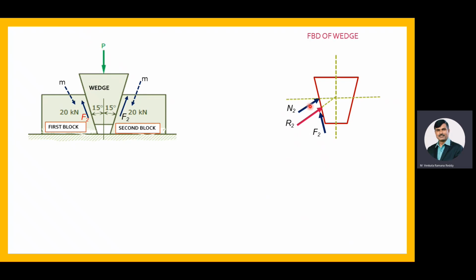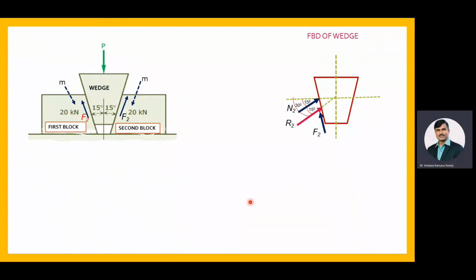This is the wedge inclination, and the angle of friction is in between N2 as well as R2, which is equal to 15 degrees. The resultant force R2's inclination with the horizontal axis is equal to the summation of the angles, say angle of friction and wedge angle. Here the angle of friction is 15 degrees and the wedge angle is 15 degrees. Then this total angle becomes 30 degrees.